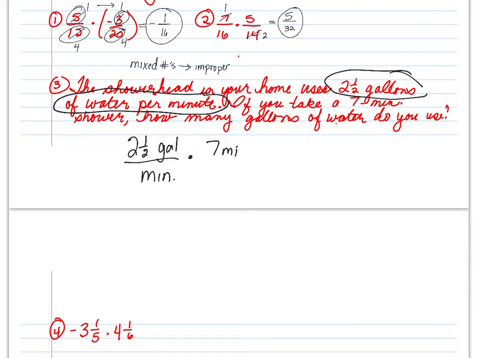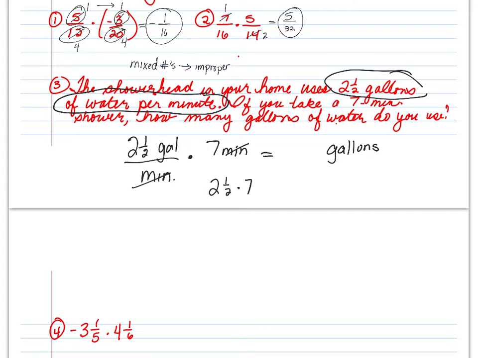What happens to my minutes in the numerator and my minutes in the denominator? Jared? They cancel out. So we know our final label is going to be gallons. So now what we have to do is take 2.5 times 7.